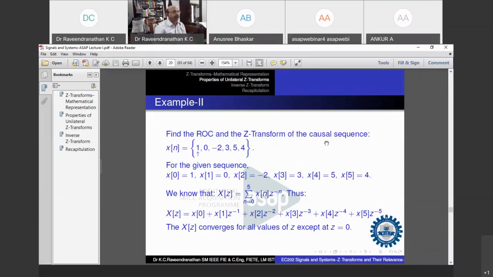So the region of convergence also depends on the support of the original sequence, which points precisely to those values of n for which x of n exists.